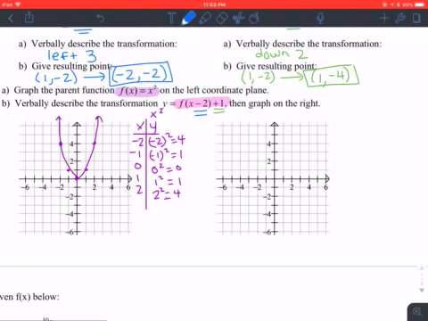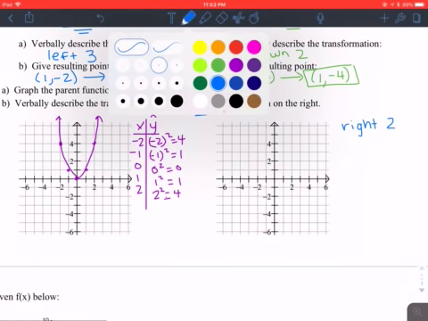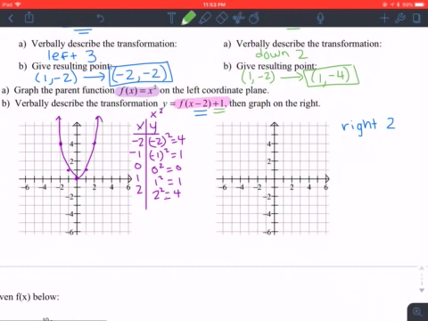So the horizontal transformation, if we have x minus 2, inside is inverse, so we'll be shifting right 2. And that plus 1 is outside the function, so it's our vertical shift, and plus 1 would say we're going up 1.